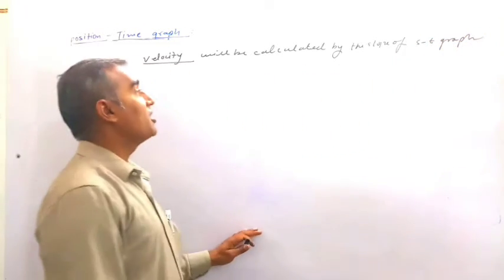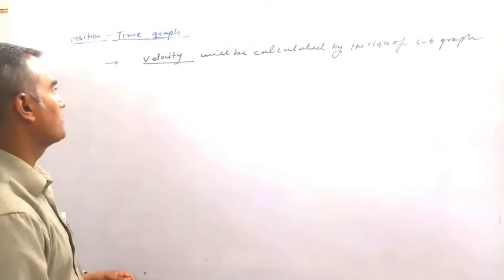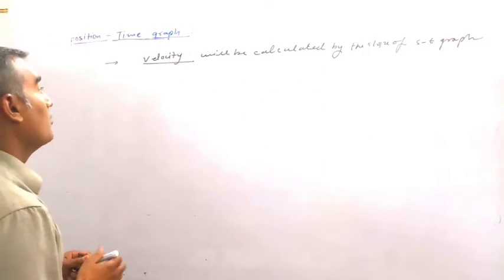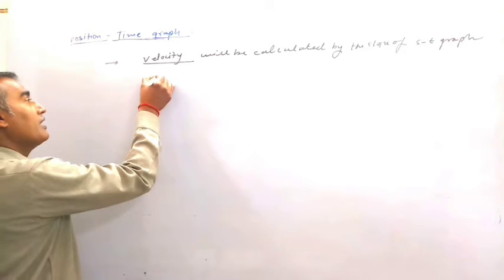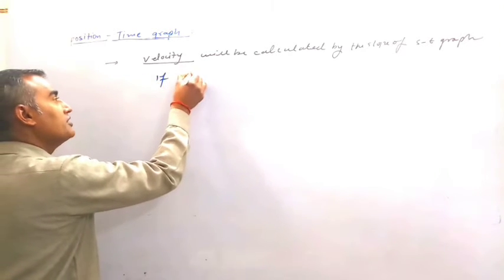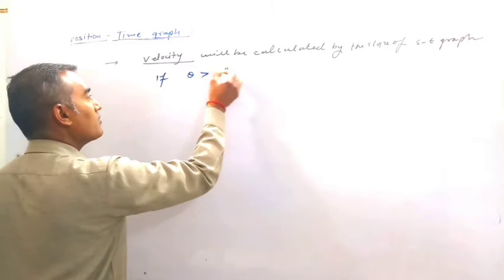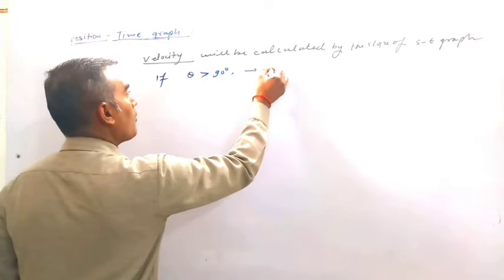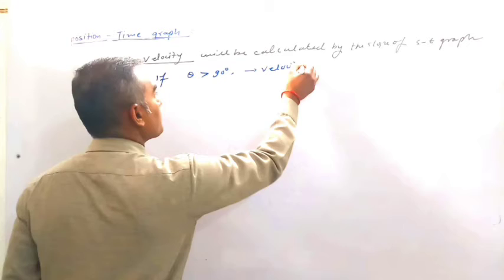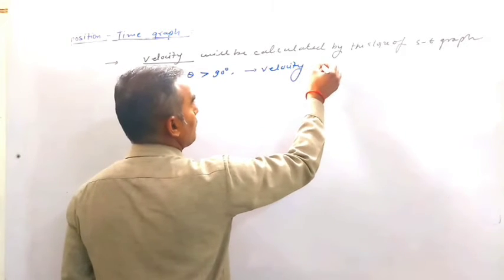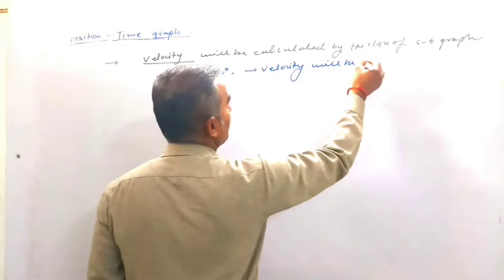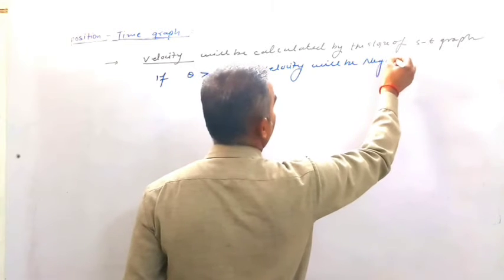Means velocity can be calculated by the ST graph. Very important point. If theta is greater than 90, velocity will be negative.